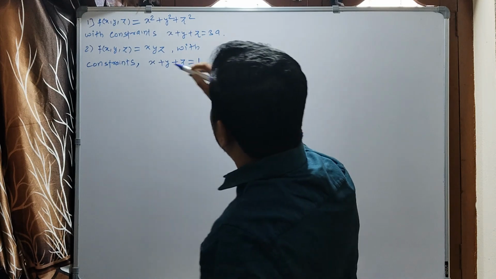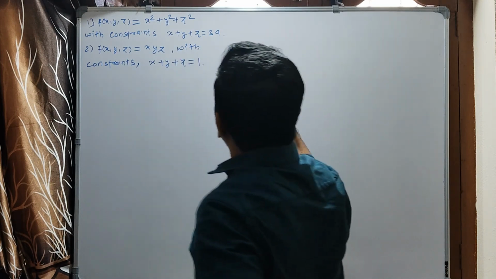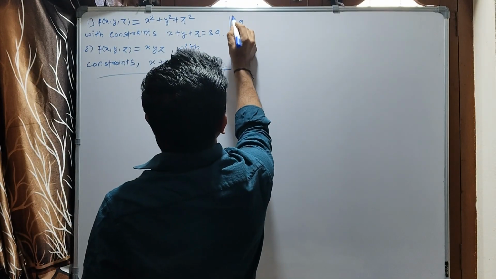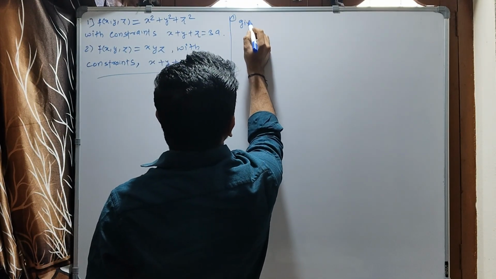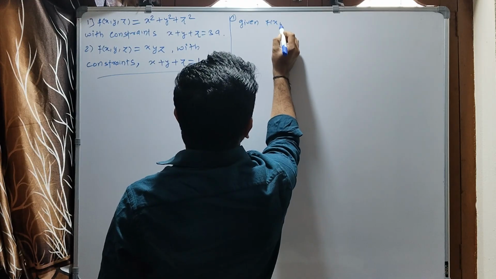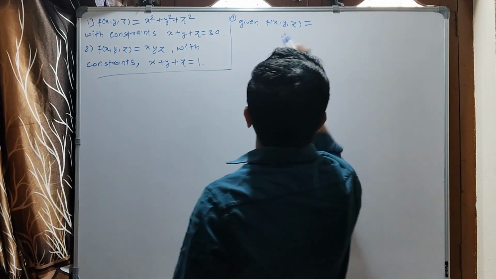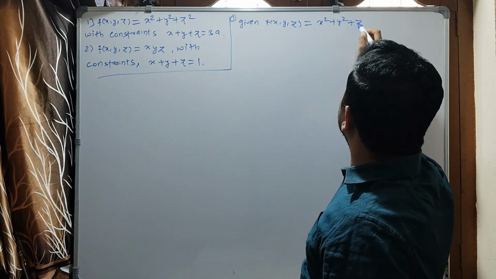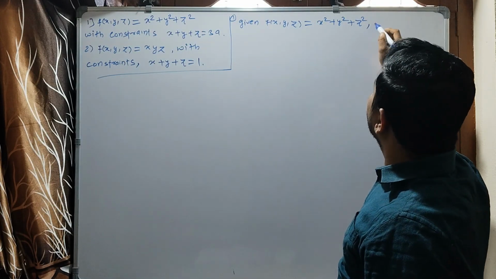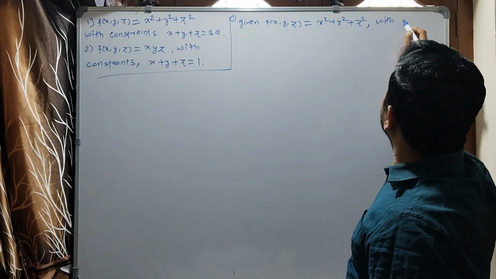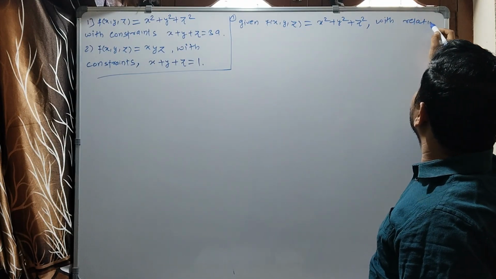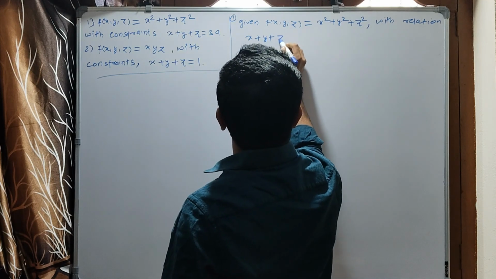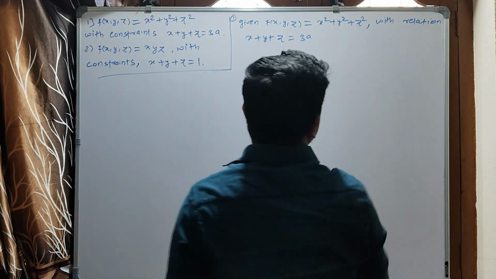For example, let's say this is my function. Given, I want to write the answer for question 1. Given f(x, y, z) = x² + y² + z², with the relation x + y + z = 3a.